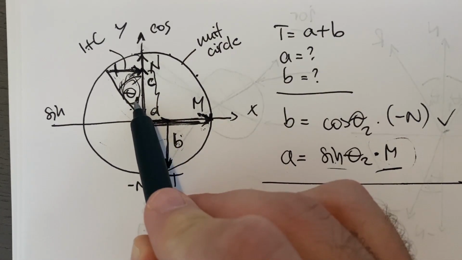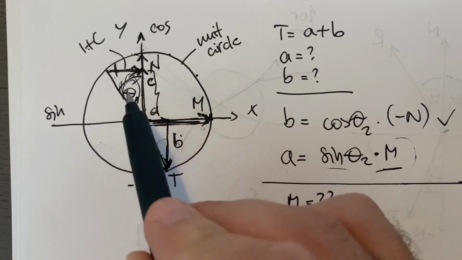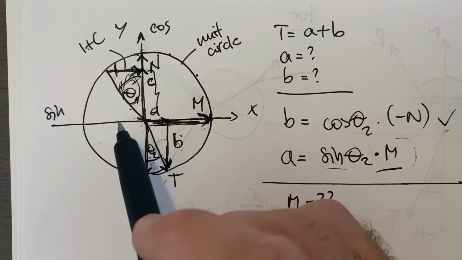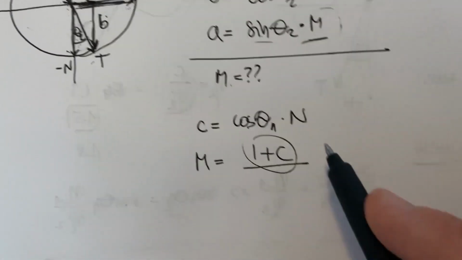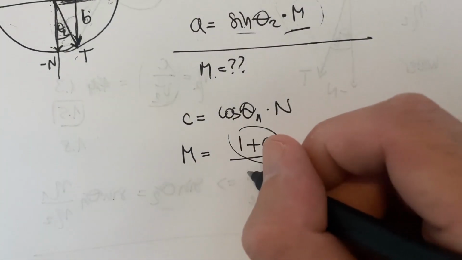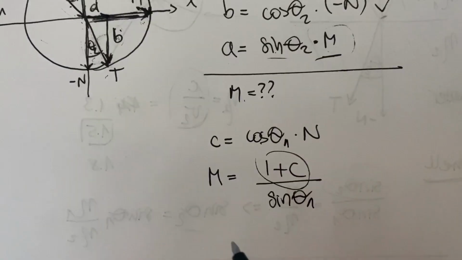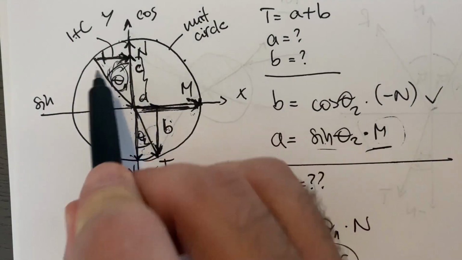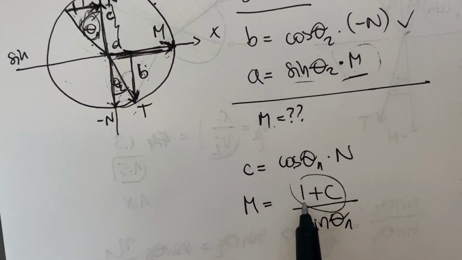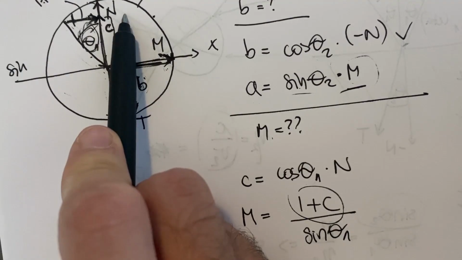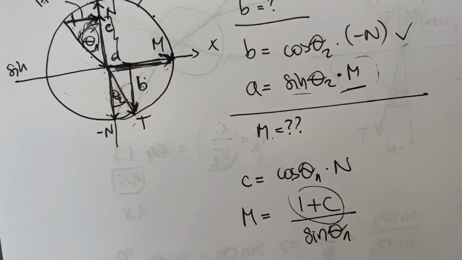You have this angle over here. So what you do, sine theta 1, and you get the length of this. Do you get it? I hope you got this. So I plus c divided by sine theta 1 is gonna give you m. Because in the end, you're gonna get this vector over here, I plus c, divided by its own length, which is gonna jump to basically n, pretty much.